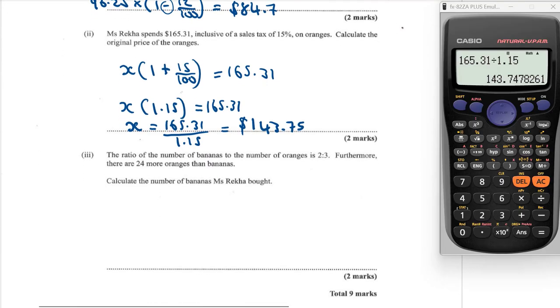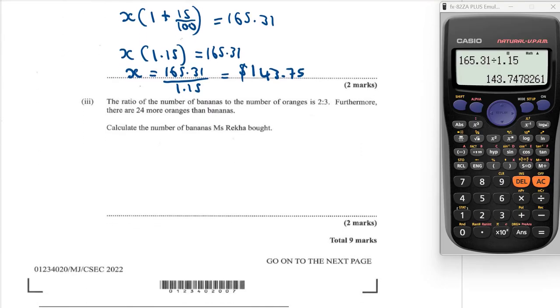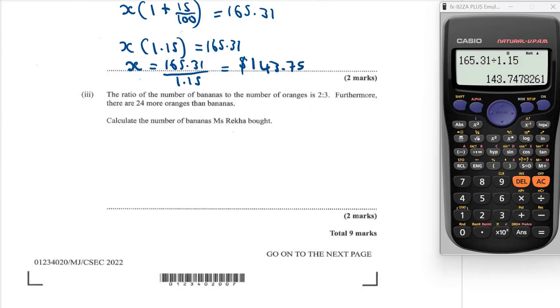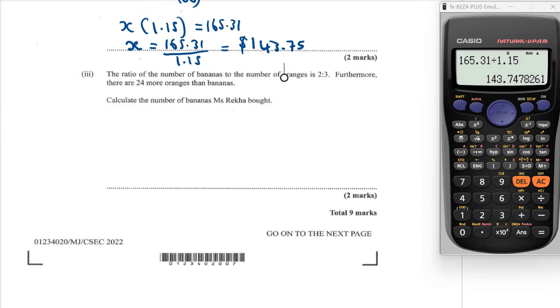So here's the next question now. The ratio of the number of bananas to the number of oranges is 2 to 3. Furthermore, there are 24 more oranges than bananas. Calculate the number of bananas Miss Rebecca bought. So we're given a ratio question. So let's see how we can work this out.